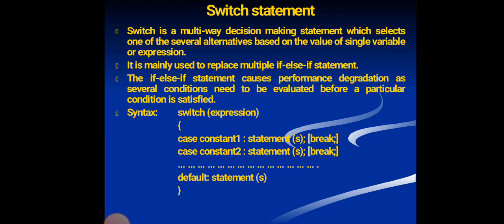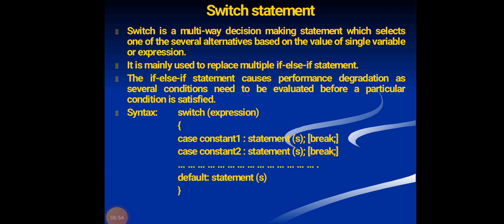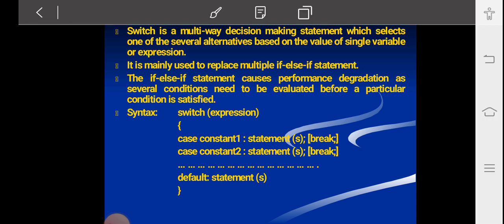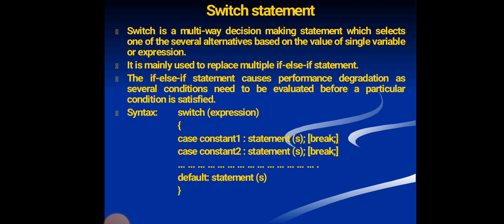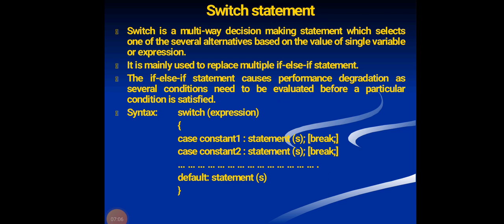Whichever case is equivalent to the expression value, only that case is executed in the switch statement. If the expression value matches none, the default statement will be executed. So this is the switch statement. So these are the control statements.